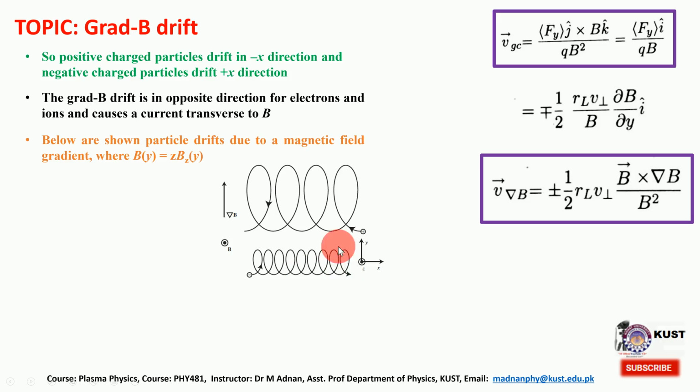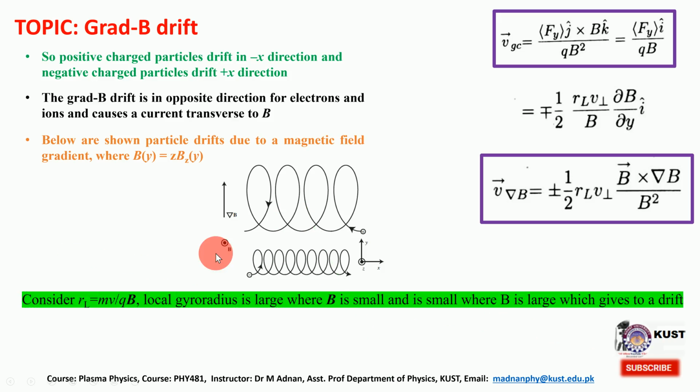That is, the electrons are lighter particles, so the Larmor radius is small compared to the Larmor radius for the ions. So consider the Larmor radius m v over q B. The local gyro radius is large where the B field is small, as I told you, and is small where the B field is large, which gives rise to a drift, as I told you on the first slide, which is our expectation.